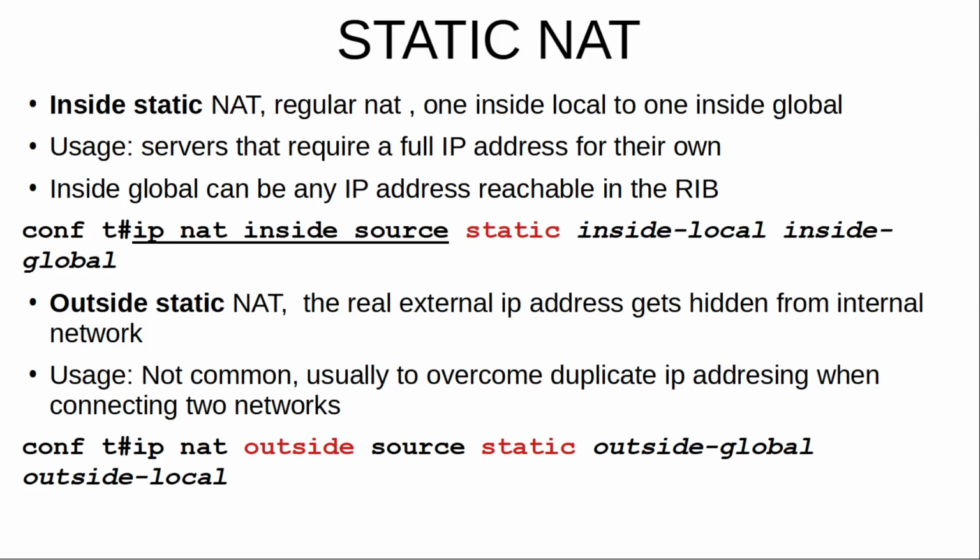So if you were translating private IP addresses to public IP addresses, a static NAT is actually a waste of resources, because if you had 100 private addresses and you wanted to use a static NAT to have them reach the internet, you will need 100 public IP addresses, which is a waste of resources.